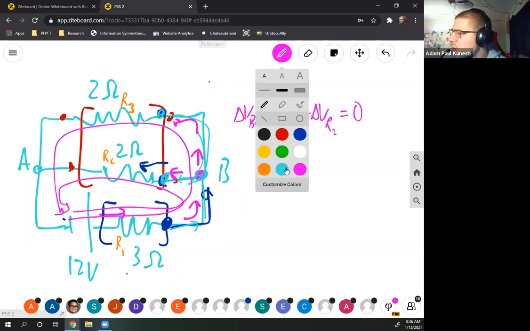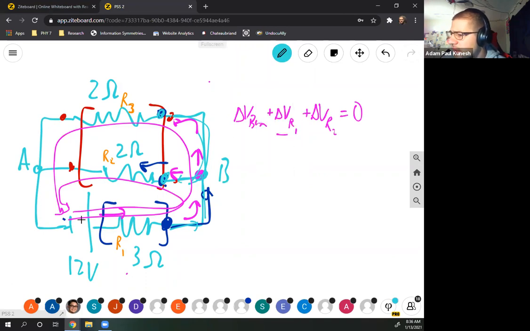Substituting some things in, I've got the battery voltage, 12 volts, minus I battery times resistor 1's value, which is 3 ohms, plus delta V of R2, which is a little more complicated.